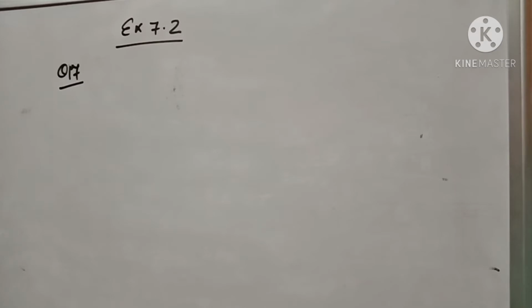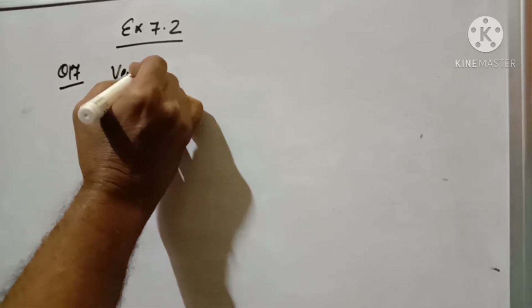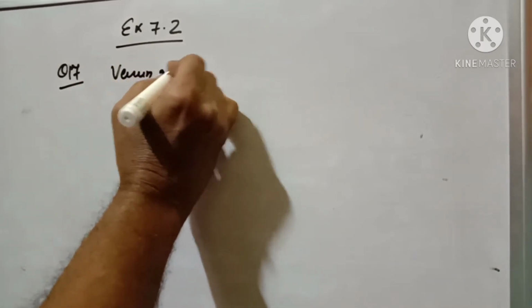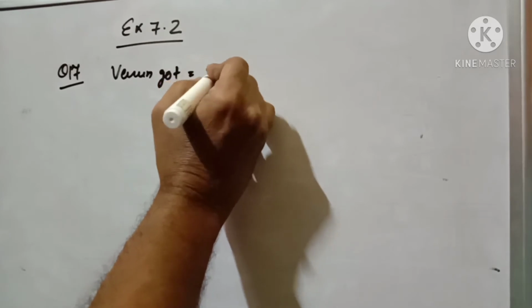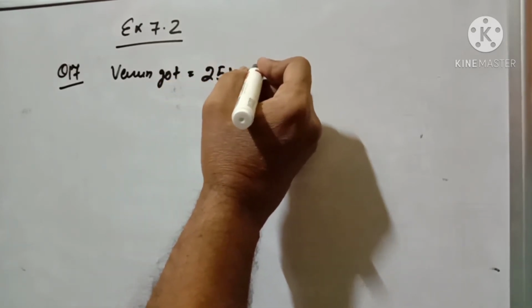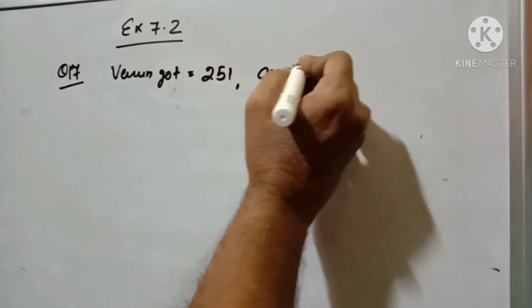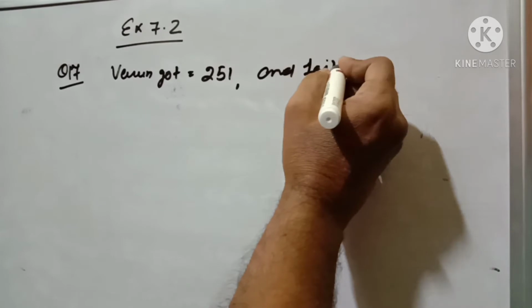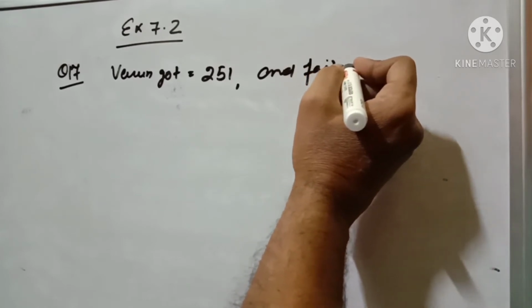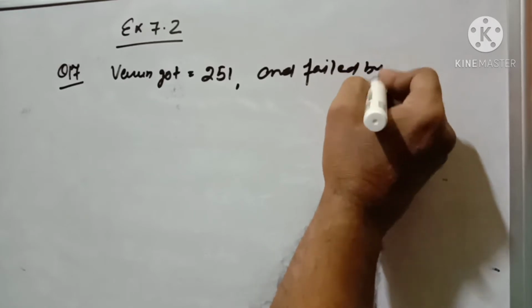First of all, it is given Varun got 251 marks, and he has failed by 19 marks.